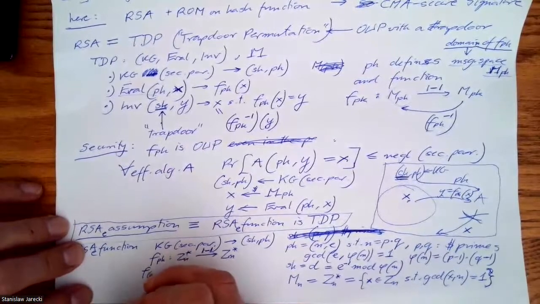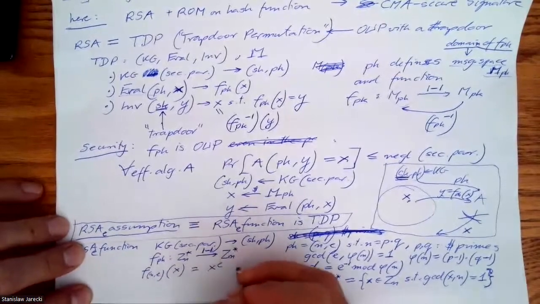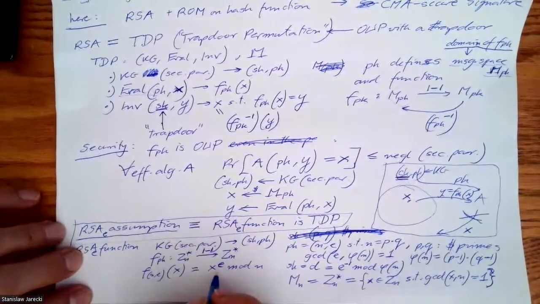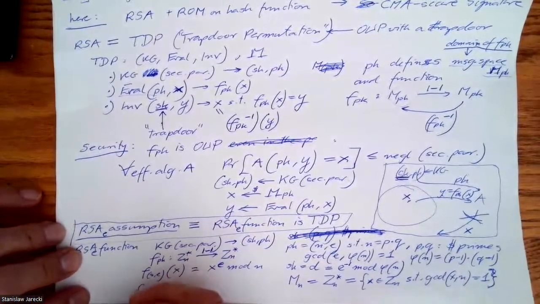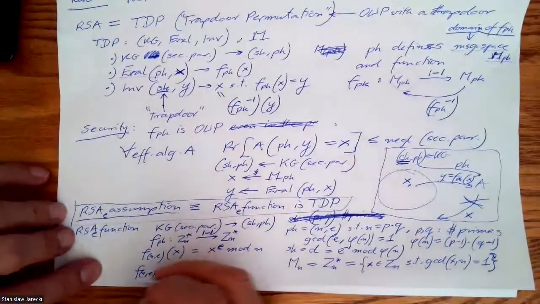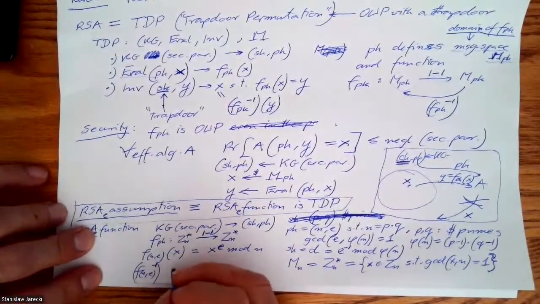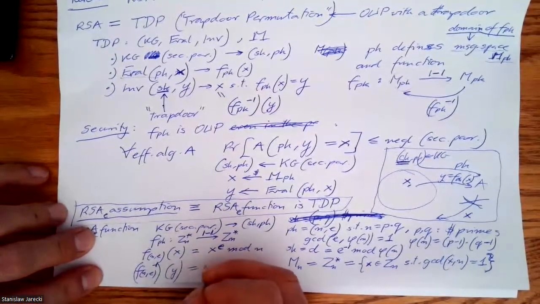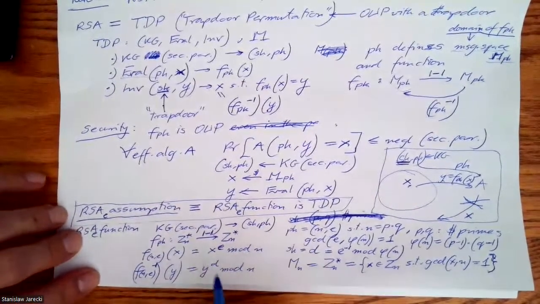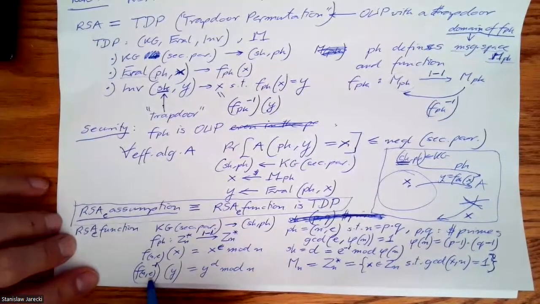Defined as F_PK of x is x to the e, just exponentiation by a fixed exponent e. And the inverse function, on y, outputs y to the d. Last time we checked that these two functions are inverses of each other.